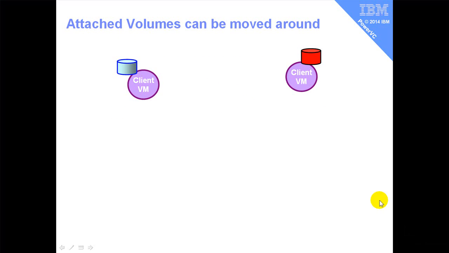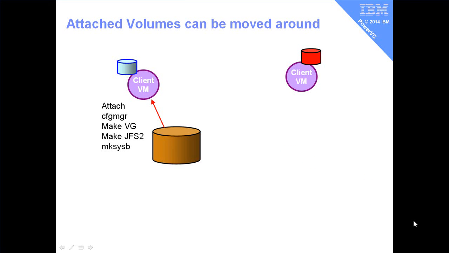Another use of these attached volumes, if you have two clients like this, then you can attach a new disk to it, new volume, and then with AIX you do the config manager. You can make a volume group, make a general file system in that, and perhaps do a make sysb backup into that attached volume. You can then run the unmount, vary off and export VG, and remove the device.